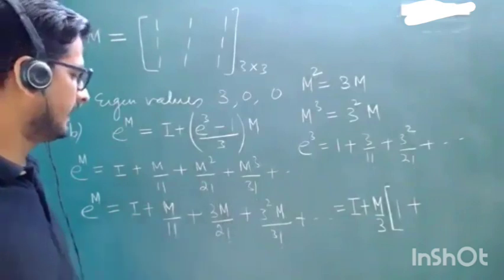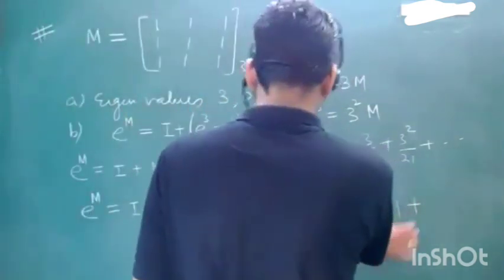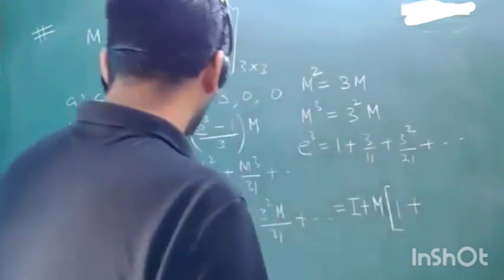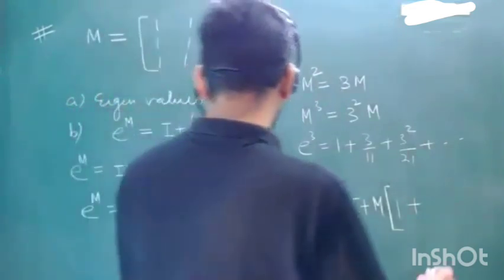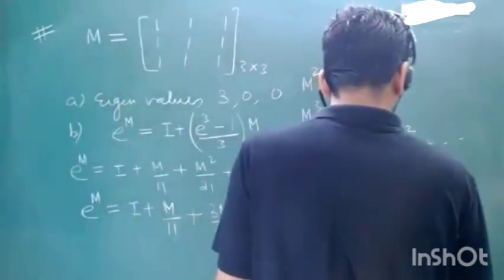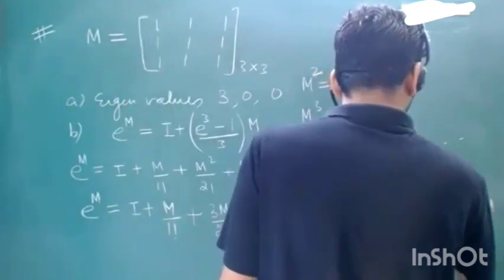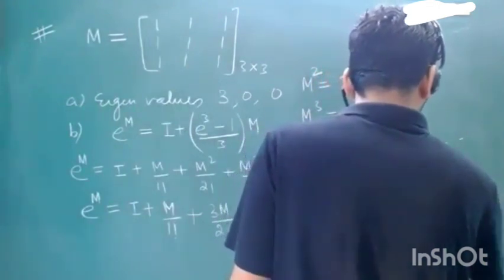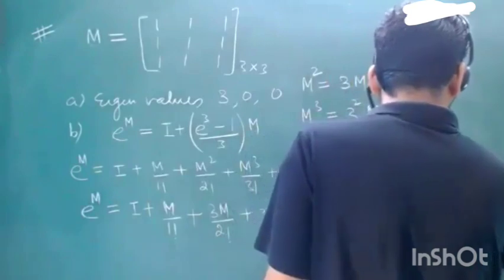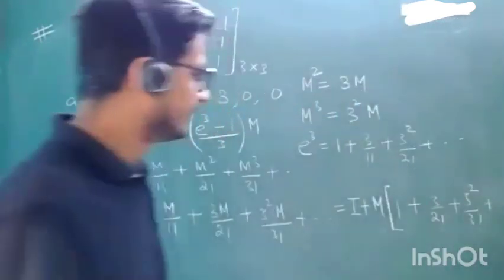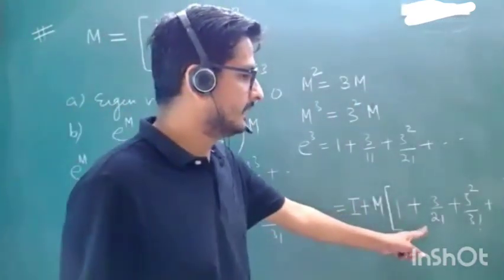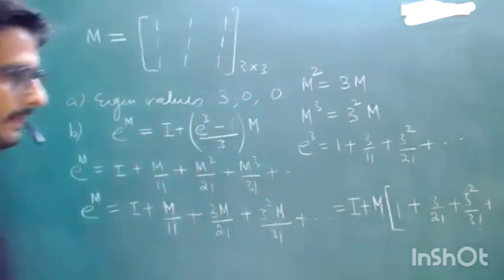I will write in steps, don't worry. So m taken common, it will become 1 plus 3 by 2 factorial plus 3 square by 3 factorial plus and so on. Now you can see you can get e to the power 3 here.